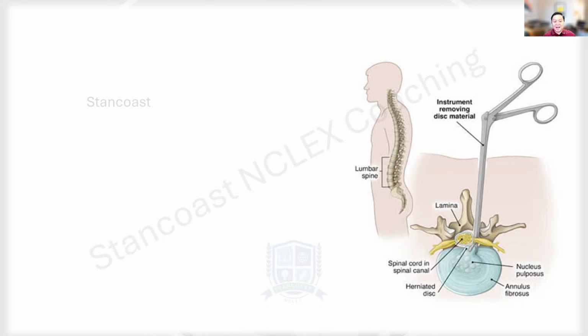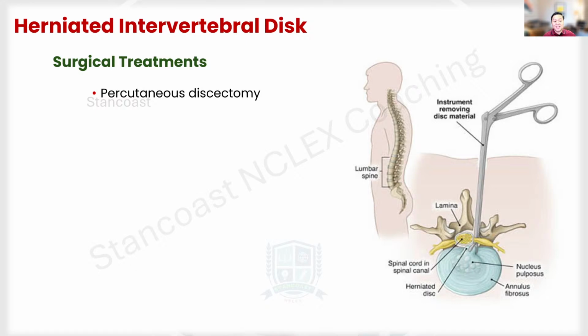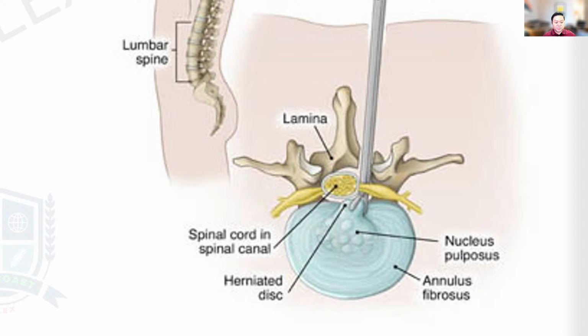Now, we also have the percutaneous discectomy, and this is going to be a minimally invasive procedure that is going to remove a small fragment right here. So take a look into the area. Again, this is going to remove part of a herniated disc through a very small needle-like incision, a tinier incision.